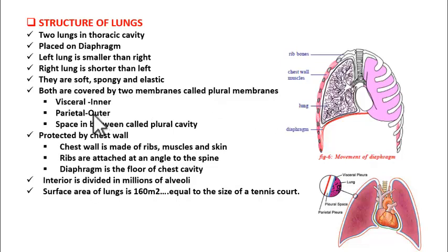Inner is visceral, outer is parietal. See here, this blue membrane is visceral and the red one is parietal. There is a space in between this white region and this space is called pleural cavity. It contains a fluid and this fluid and the membranes protect the lungs from mechanical jerks, etc.